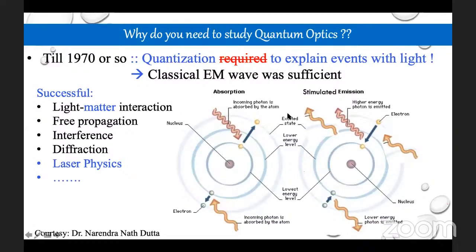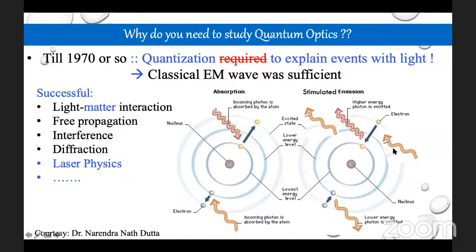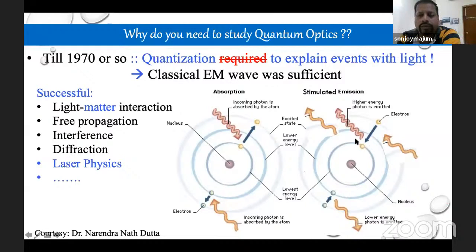Or when you are talking about stimulated emission by external light, which excites the systems and provides you additional emission, all those phenomena we were able to explain using that idea of a classical electromagnetic wave.